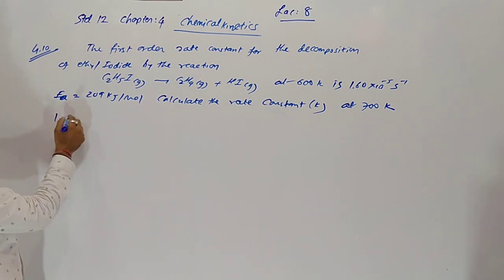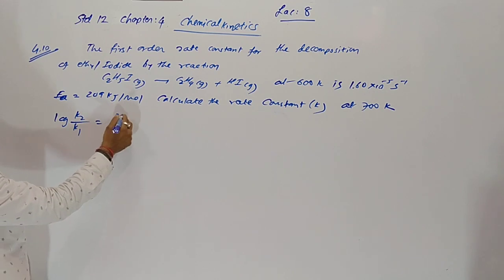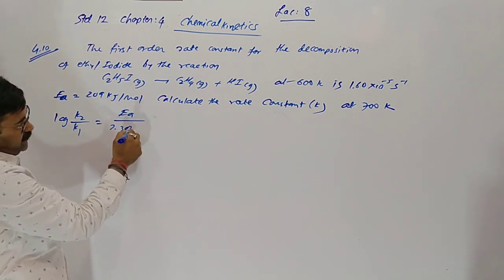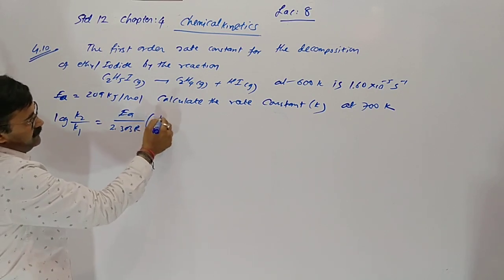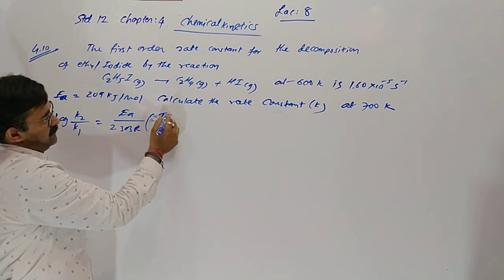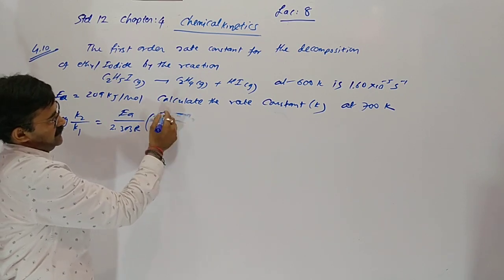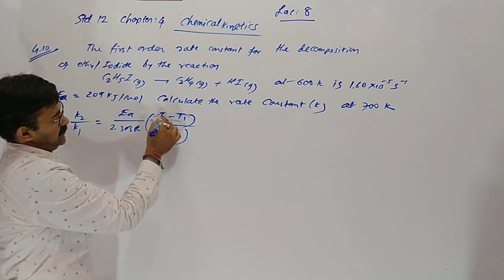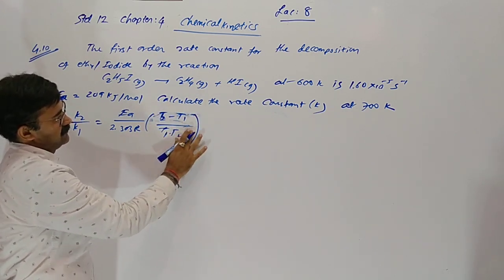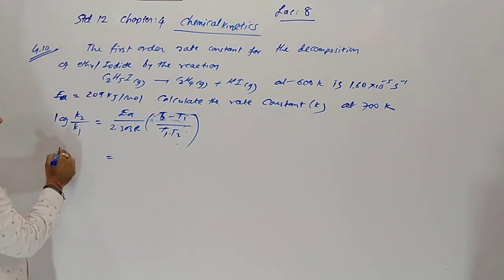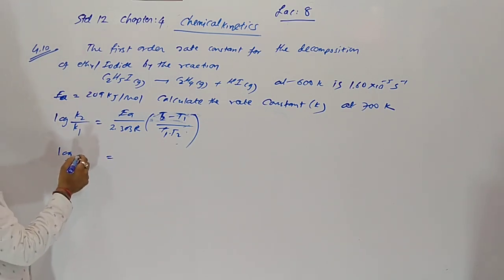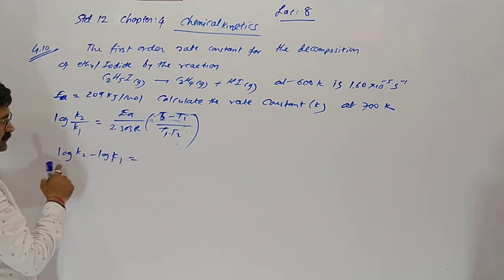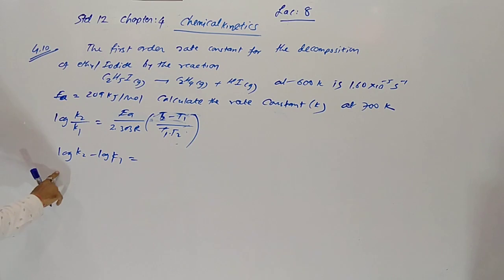So we know log K2 upon K1 is equal to Ea upon 2.303 R, T2 minus T1 upon T1 into T2. Log K2 we have to define. So we take it like this. The division comes in minus.